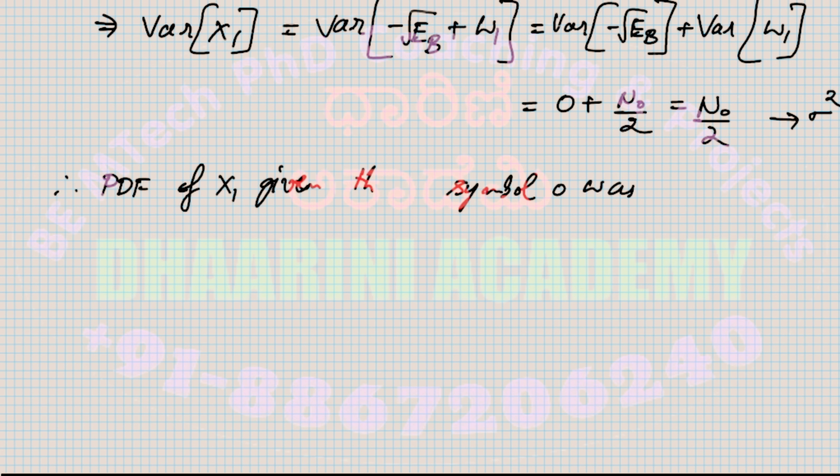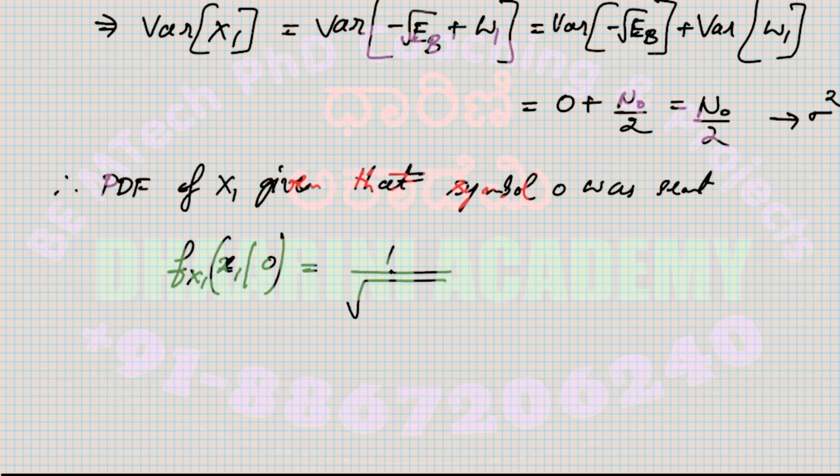This is equal to f, given that the symbol 0 was sent, this is the notation, f of x1 of small x1, it's a sample, given that 0 was sent, equal to 1 divided by root of 2 pi sigma square into exponential of, remember this function, every time you are going to substitute this, minus of x1 minus its mean whole square divided by 2 times sigma square.